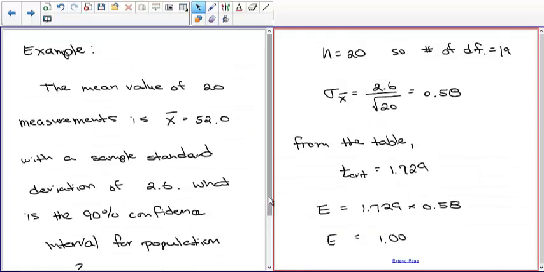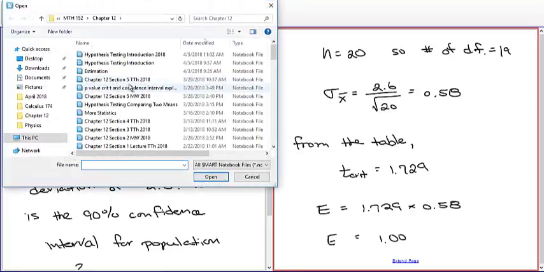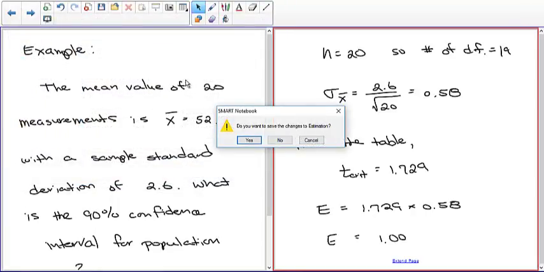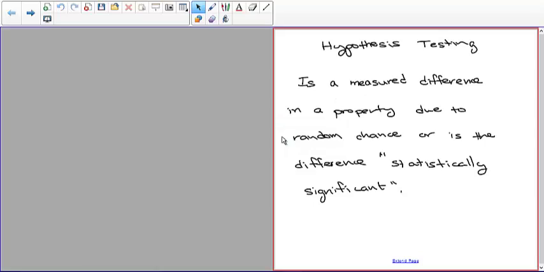Okay, the last topic we're going to do here is called hypothesis testing. And then we're going to move on to chapter 13, which will be the last chapter. In this case we'll answer this question: is a measured difference in a property due to random chance, or is the difference what we call statistically significant?